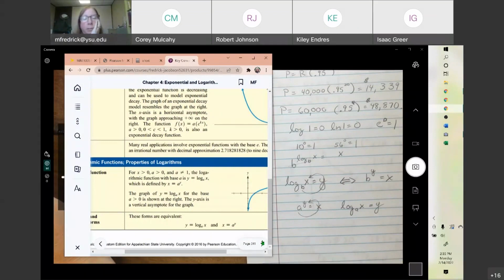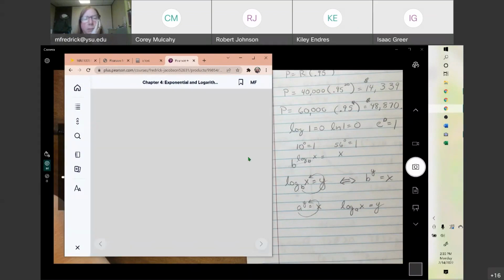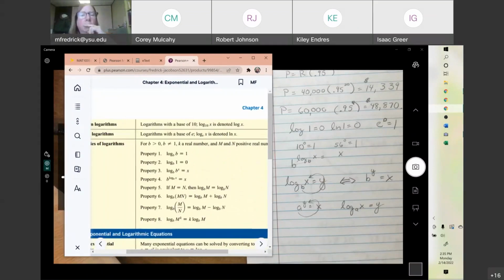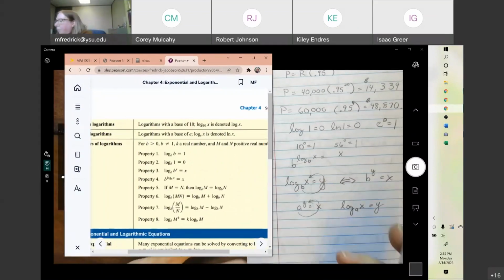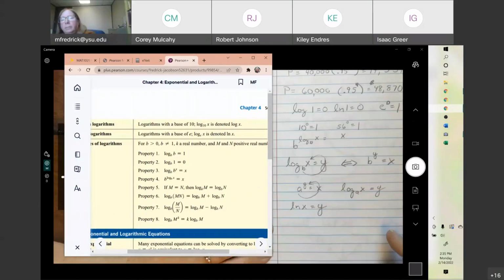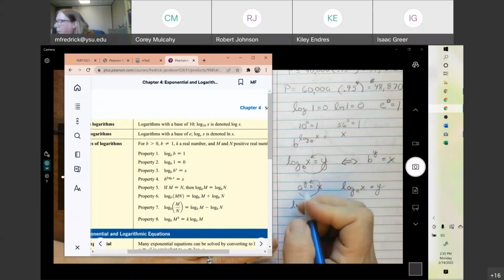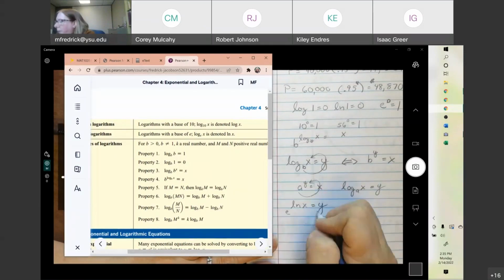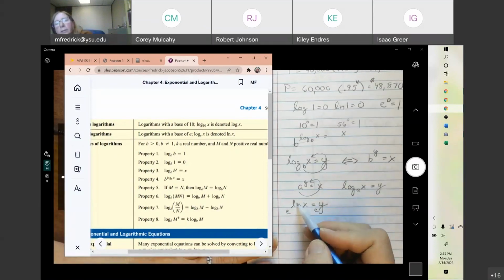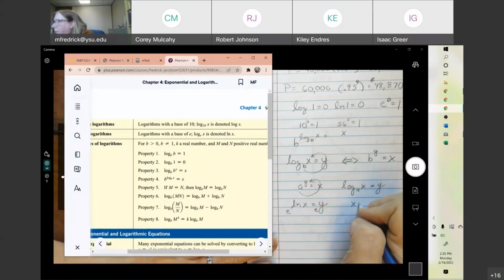When you have the natural log, it's the inverse with e. So you can think of these as canceling. And it leaves x equals e to the y.